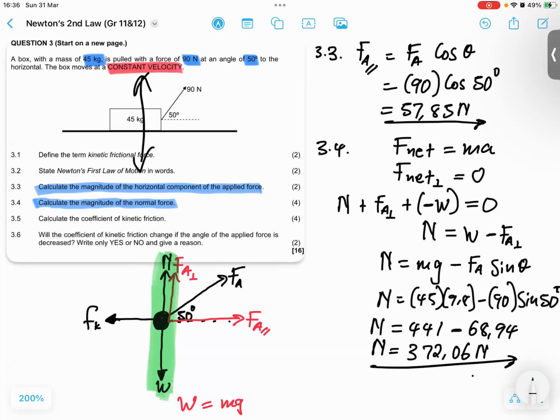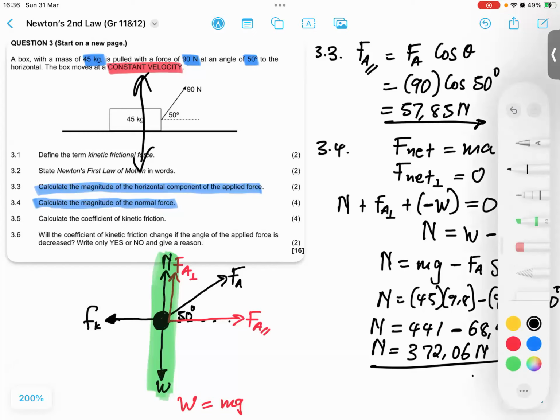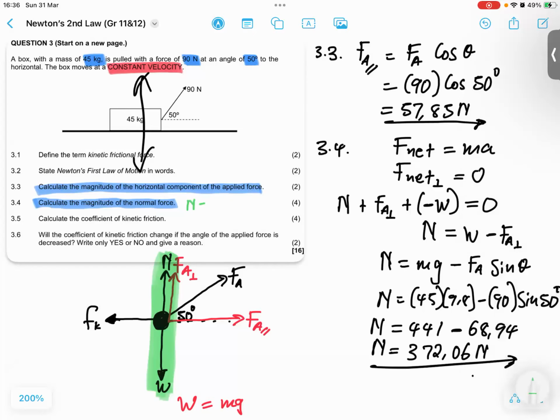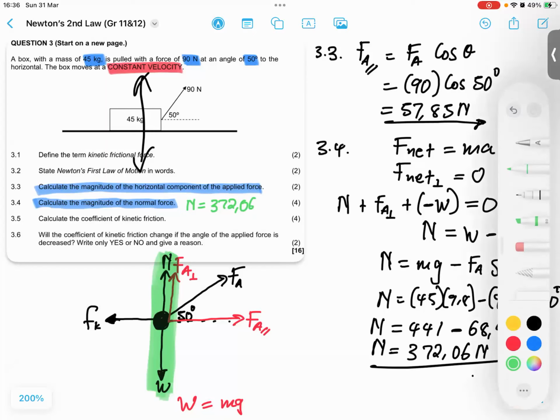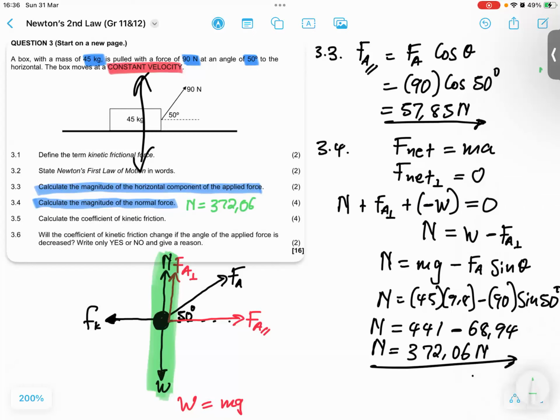So now that we have the normal force, I'm just going to write it here so that at least we erase the other part, right? So I'm just going to write it here that our normal force here is what? The answer for 3.2, we got it as 372.06. And then also the magnitude of the horizontal component, I'm going to write the answer for 3.3 as well.